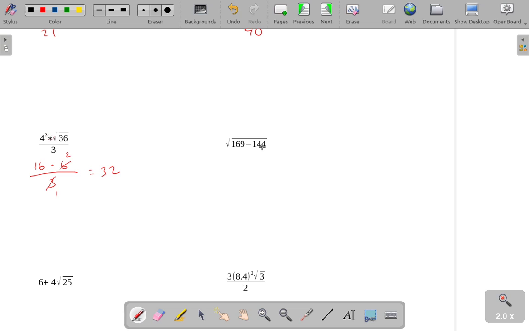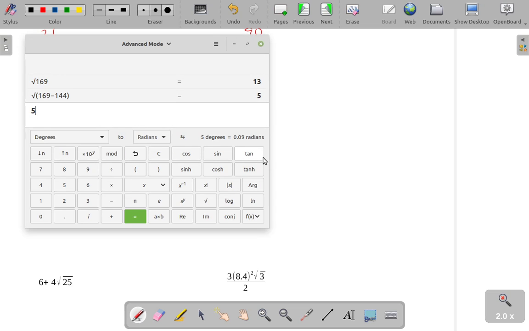We're after 169 minus 144, which is 25. The square root of 25 is 5. And that's what the calculator did here. When I put it in parentheses, it knew to do that subtraction before it did the square root. And of course, the square root of 169 is irrelevant in this question.